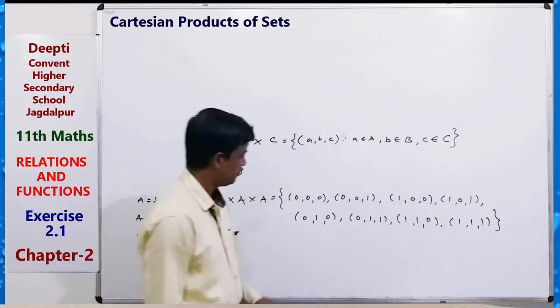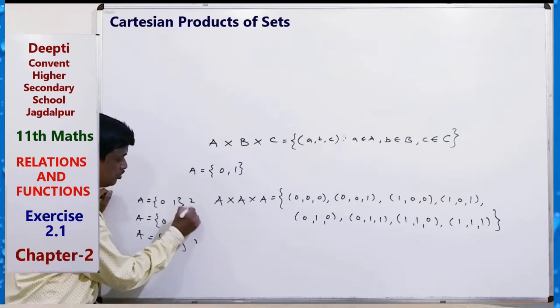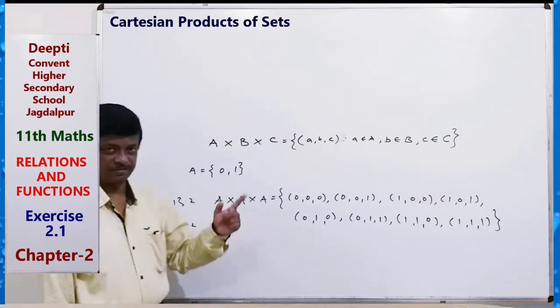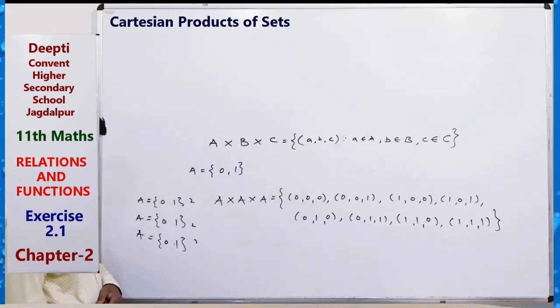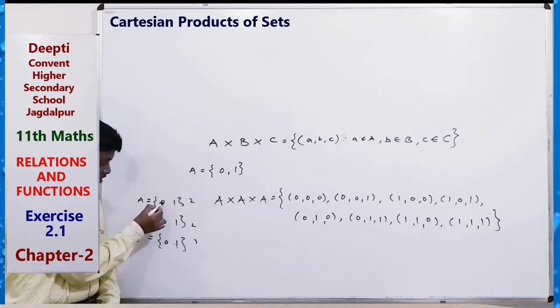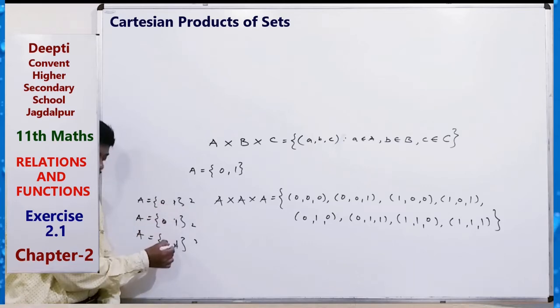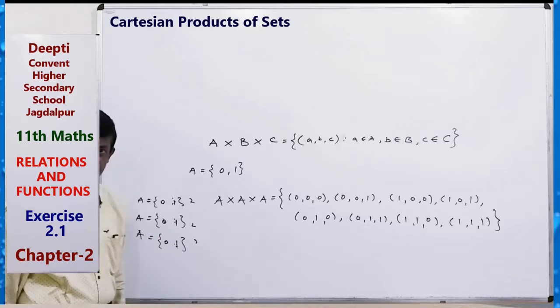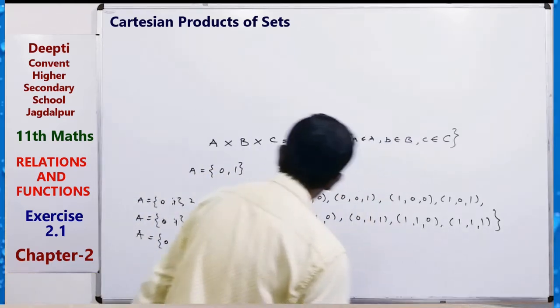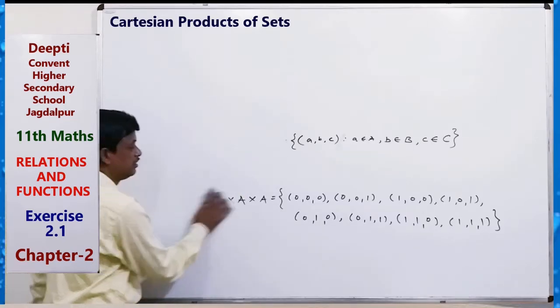How many elements are there? 1 2 3 4 5 6 7 8. 2 into 2 into 2, 2 into 2 is 4, into 2 is 8. So by this method you can write 0 0 0, 0 0 1, 0 1 0, 0 1 1, 1 0 0, 1 0 1, 1 1 0, 1 1 1. Clear? So we can also write A cross B cross C.